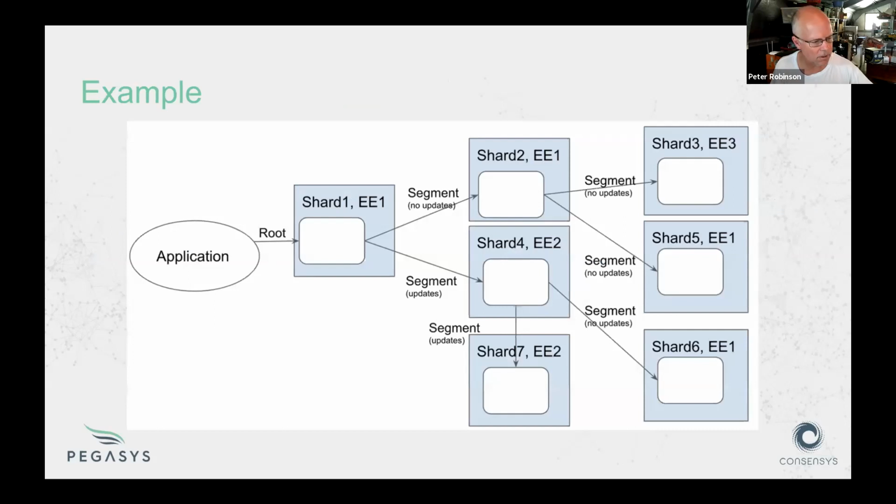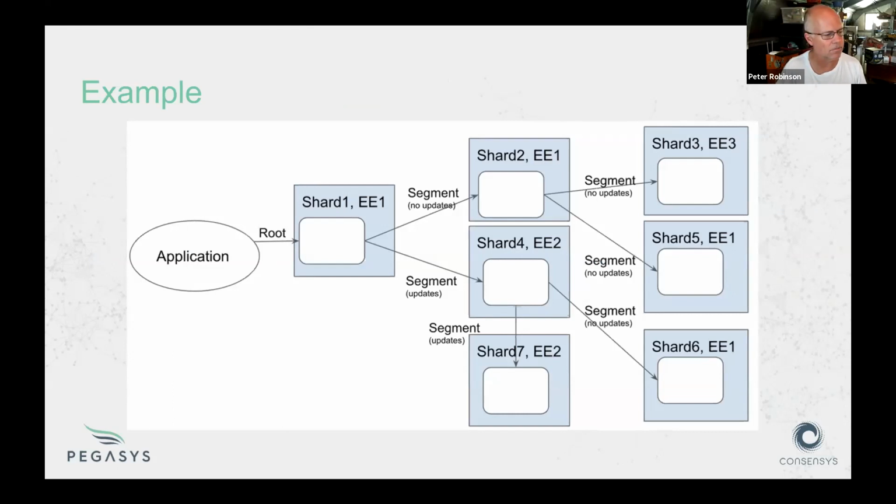So as I said, this allows arbitrary call depth. So imagine you've got this type of set of function calls across shards, where you've got an application that is having a complex set of calls.